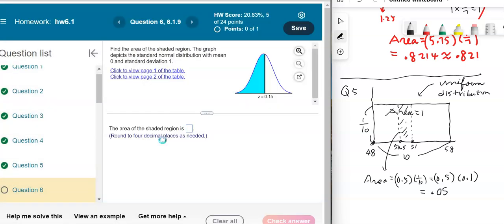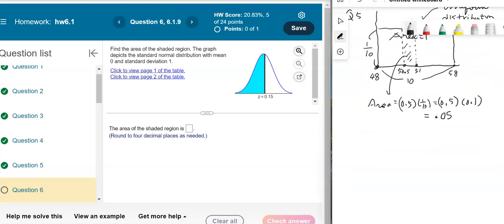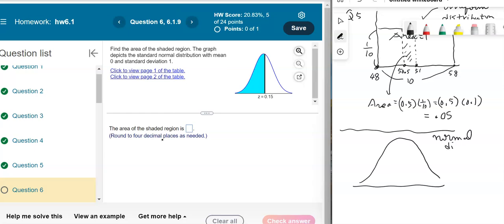Now, find the area. This is now a standard normal distribution, normal distribution, not uniform.